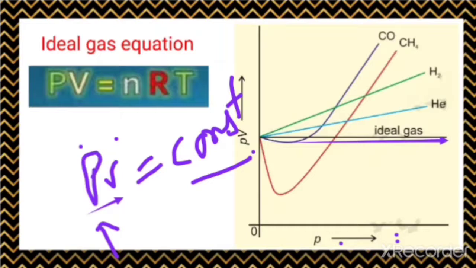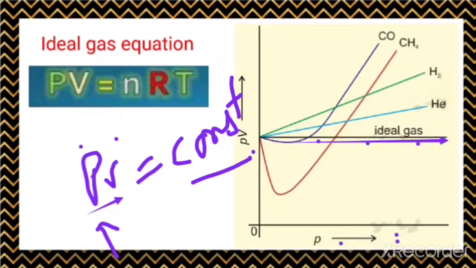At all pressures we get the same PV value, so we say that PV is constant, a straight line parallel to the x-axis as shown in the plot here.